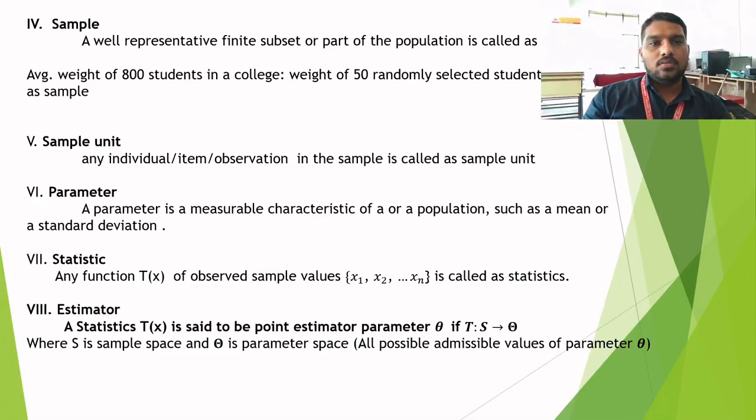So parameter is again any admissible value or characteristic of population. It is a constant value which represents the whole population. So we can say that population mean is a parameter, or population variance is a parameter.